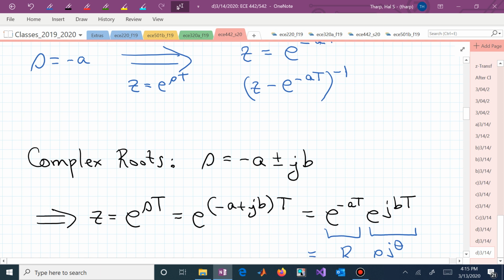Now we have s; let's look at it in rectangular form. s has a real part of minus a and imaginary parts that are conjugates, plus and minus jb.